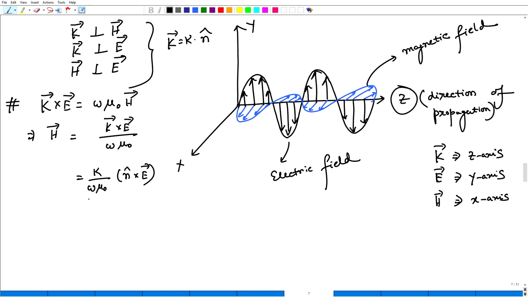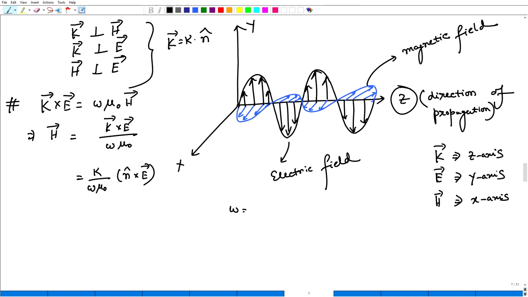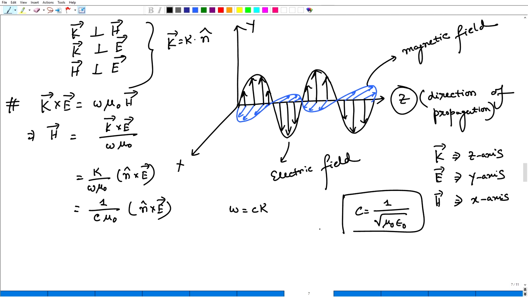Okay. So, again, what was the form? Omega equal to c times kappa. So, this can be written as c omega naught. Again c is 1 by root over mu naught epsilon naught.